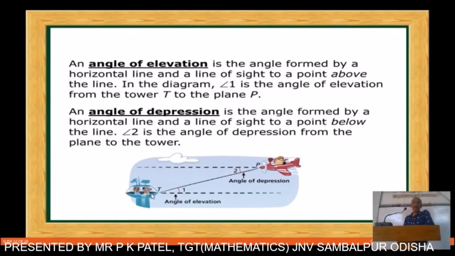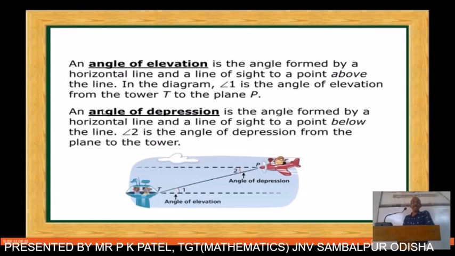Mark, from this tower, a man is observing the plane. So the line of sight is this line, and this is the horizontal line. The angle between this horizontal line and the line of sight is angle 1, and that angle 1 is the angle of elevation.